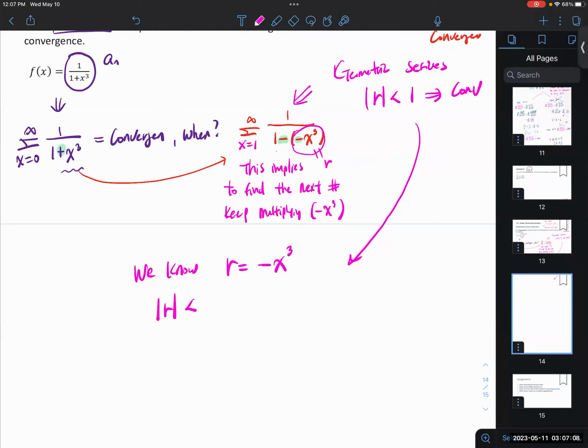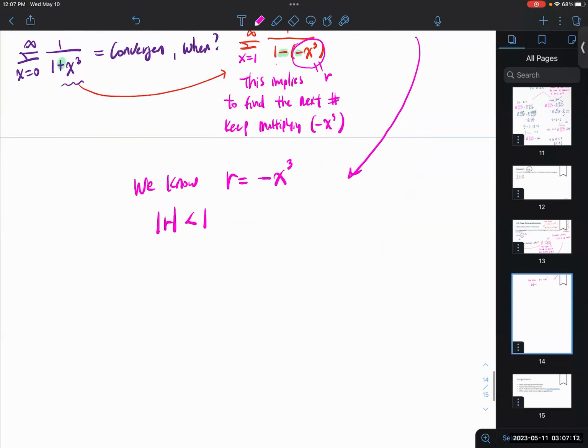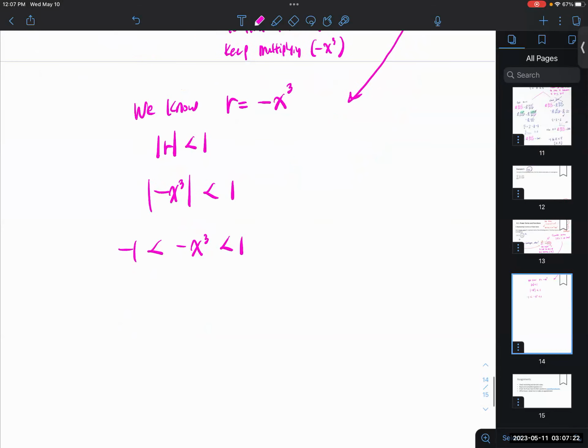So the absolute value of r is less than 1. That means negative x to the third has absolute value less than 1. So negative 1 is less than it, and less than 1. And then here, I'm going to multiply by negative 1 everywhere.